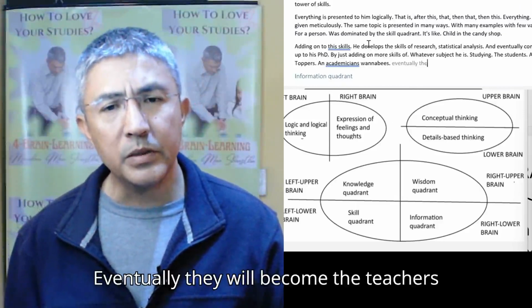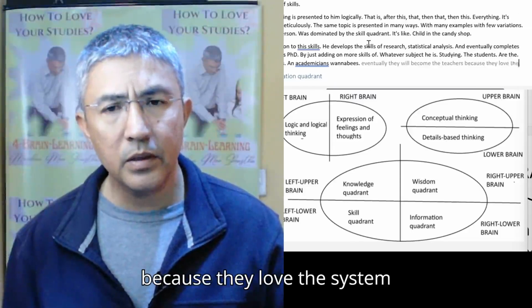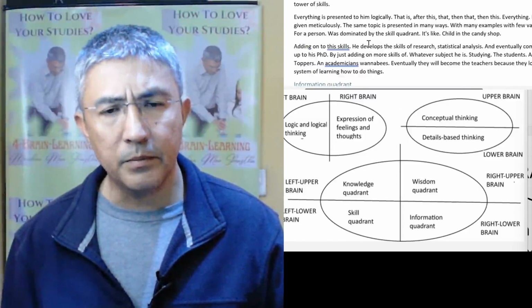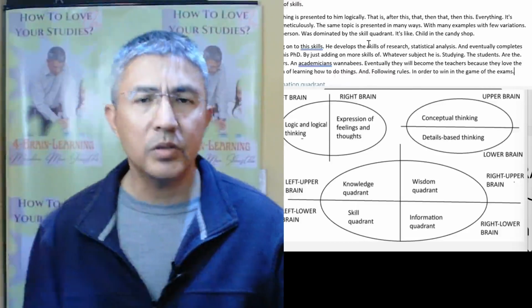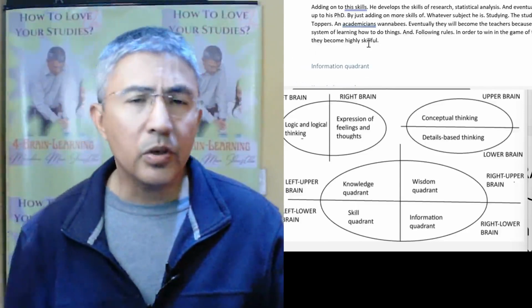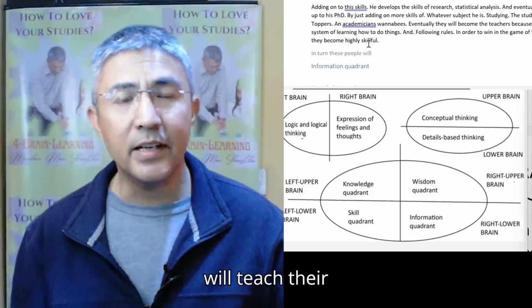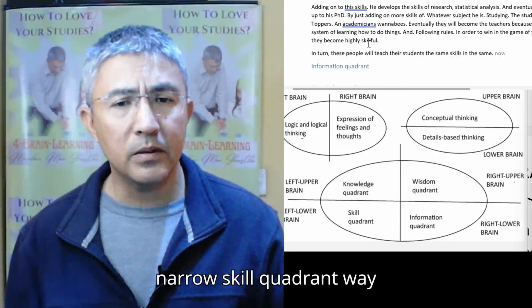Eventually, they will become the teachers because they love the system of learning how to do things and following rules in order to win in the game of the exams. So they become highly skillful. In turn, these people will teach their students the same skills in the same narrow skill quadrant way.